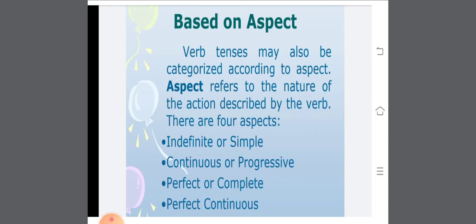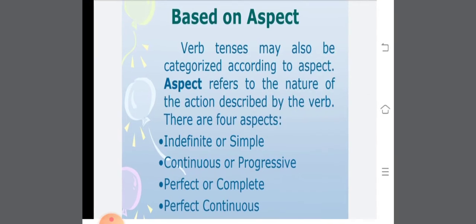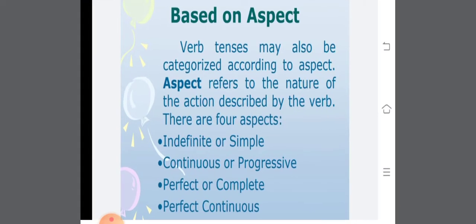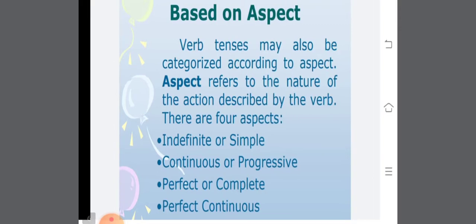Verb. What are the different tenses? Divisions of tenses. Now verb tenses may also be categorized according to aspect. Aspect refers to the nature of action described in the verb. There are four aspects: indefinite or simple, continuous or progressive, perfect or complete, and perfect continuous.